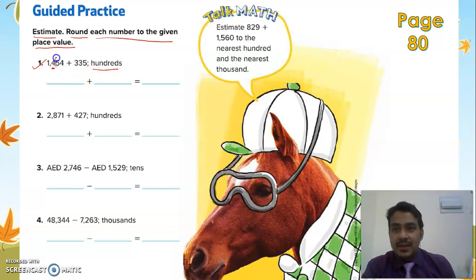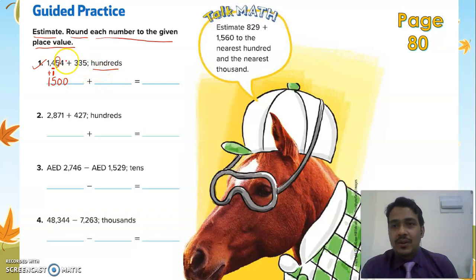The next number is 5. So do we do +1 or not? We do +1. So the rounding number becomes 1,5, and to the right of the rounding number we put zeros.